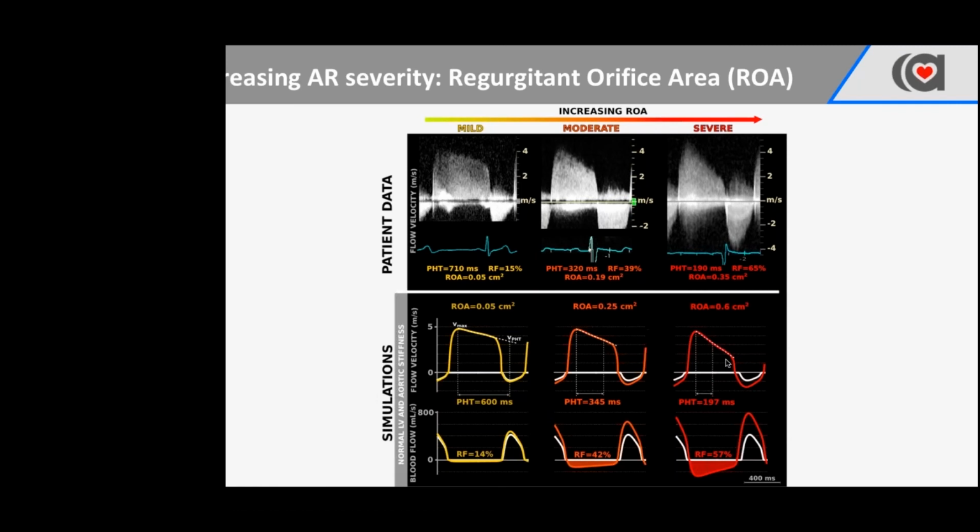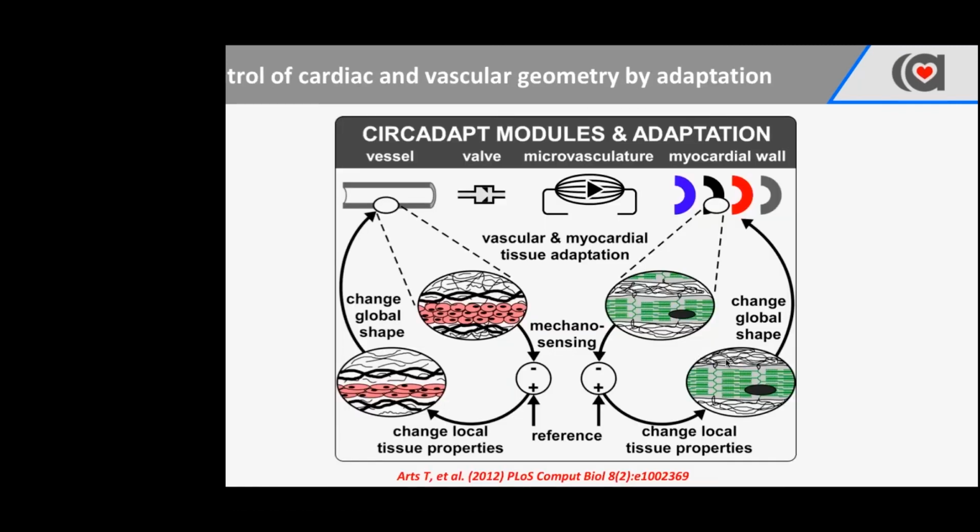Now, another aspect of our model is that it also incorporates adaptation, and that's why it's called CircAdapt. The adapt part of the CircAdapt model facilitates the fact that we have fewer parameters, because instead of approximating or guessing parameters or adding new parameters, you use adaptation processes to derive parameters.